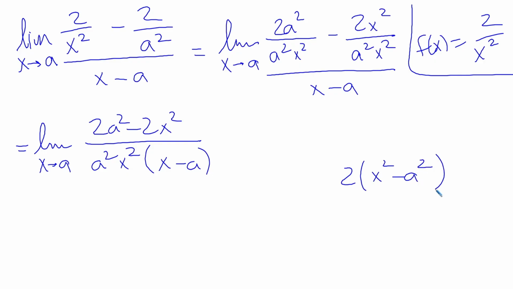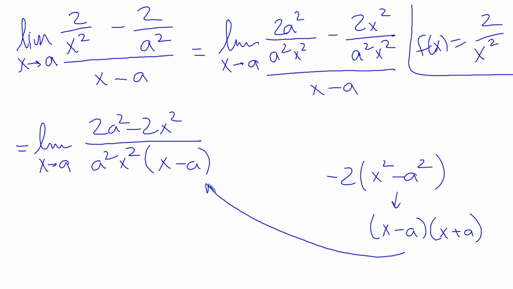If instead of factoring out a 2, we factor out a negative 2, then when we factor the x squared minus a squared, we have x minus a times x plus a, and then we'd have this nice matchup to cancel out.